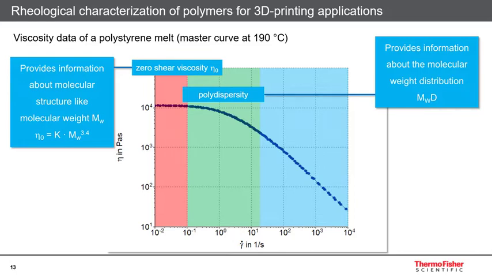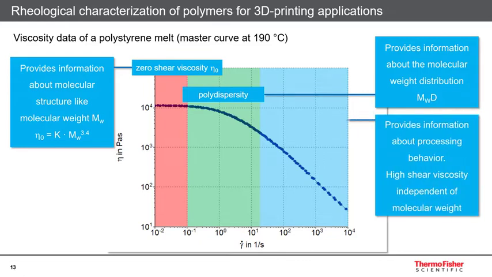The width of this transition depends on the width of the distribution of the molecular weight. The broader the distribution, the wider is also this transition range. At higher shear rates, the sample exhibits a constant decrease in viscosity with increasing shear rate. This is the range that is important for many technical applications and processing steps.